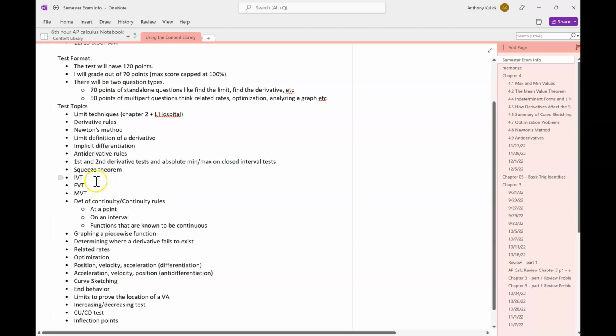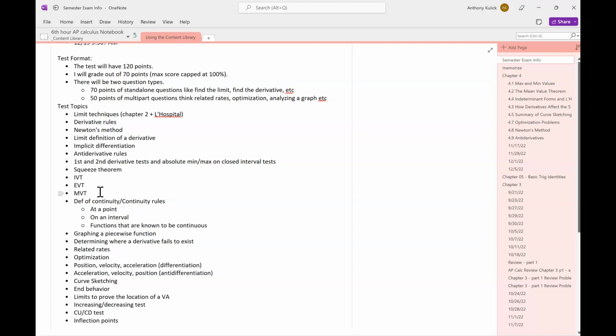Should be able to use the squeeze theorem, intermediate value theorem, extreme value theorem, mean value theorem. I won't ask you to write down the theorem, but you should be able to do a problem where you need to use that to do it. Or if I give you, say, use the mean value theorem to conclude from this that you have this, but it's wrong. How did you use this improperly?